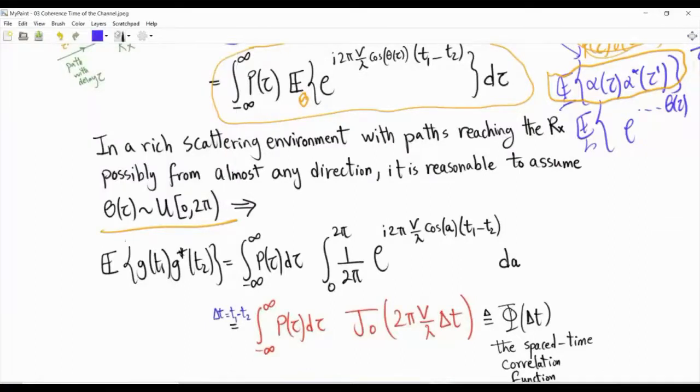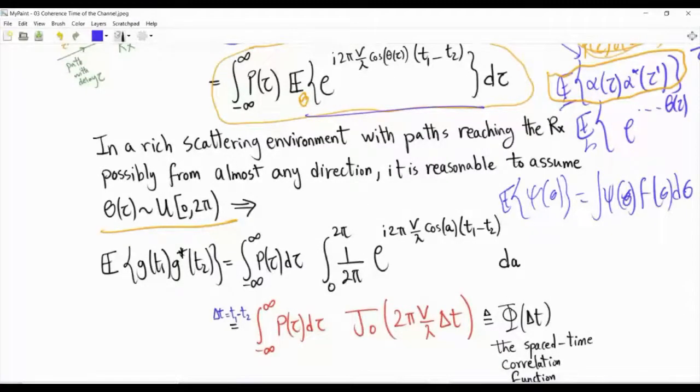We'll assume that theta is uniform from 0 to 2 pi, and so our expectation now can be evaluated, because you can apply LOTUS, right? The expectation of a function psi of theta is: you take psi of theta multiplied by the PDF of theta, and then you integrate.